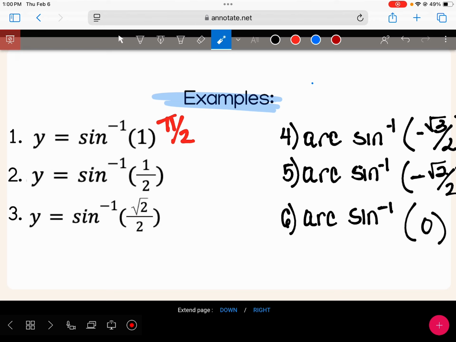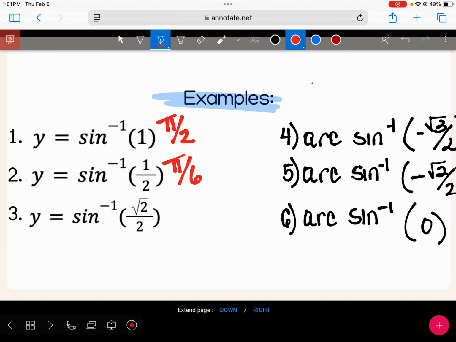David? You said 30 degrees. Okay, and how would you write that in radians? Pi over 6. All your answers have to be in radians, by the way. So make sure that you write it in radians. But that is correct. 30 degrees, pi over 6.